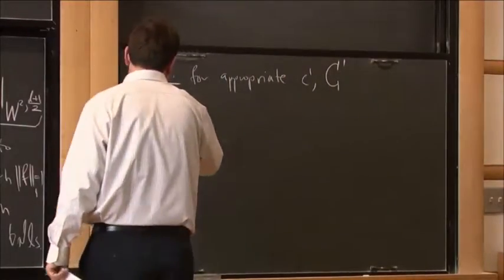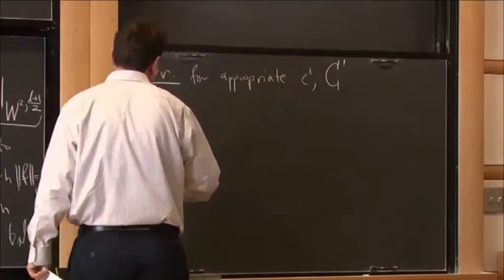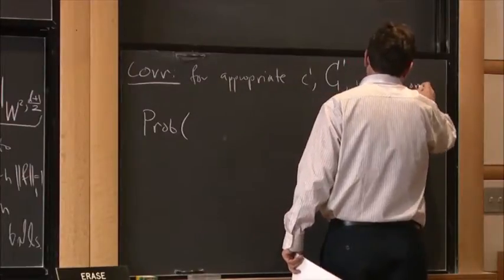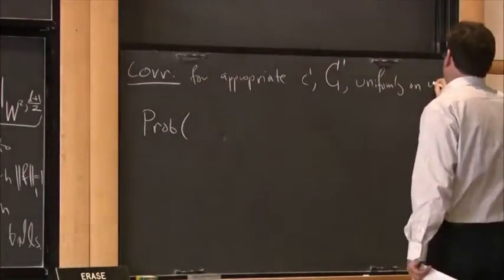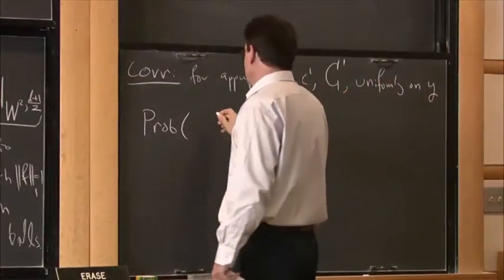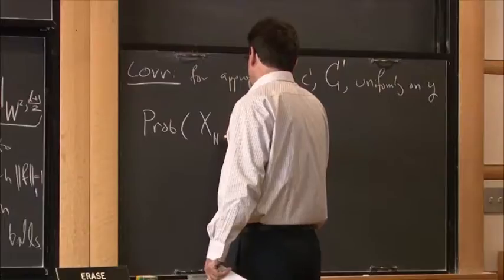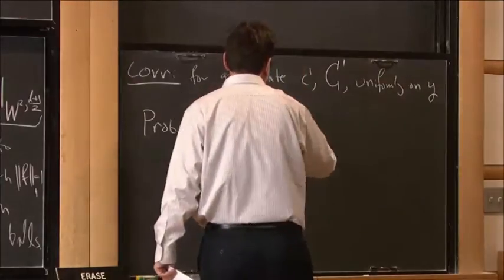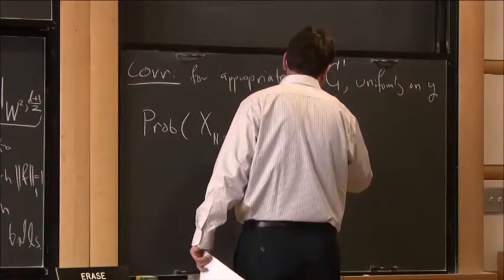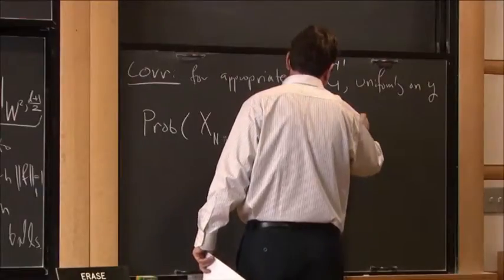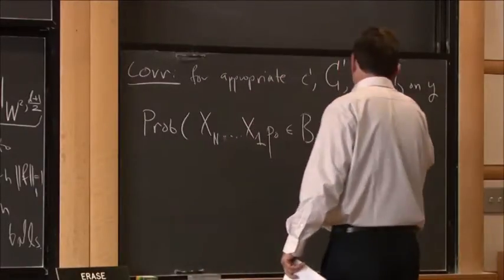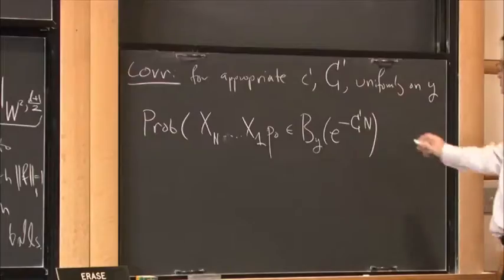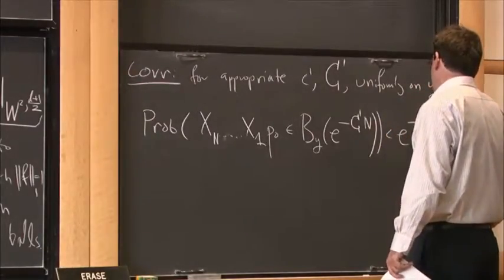if I take the probability, uniformly on, let's say, y, I look at the probability that this random walk xn up to x1 times this point p0 is in a ball around y of exponentially small size, let's say exponentially with a capital E, with a big constant, this probability is exponentially small.